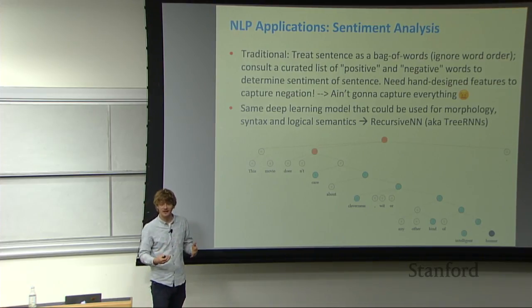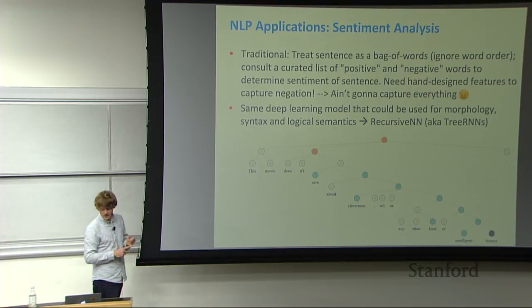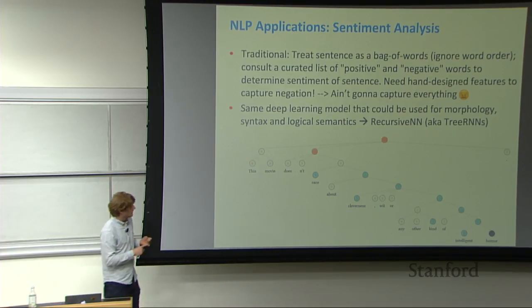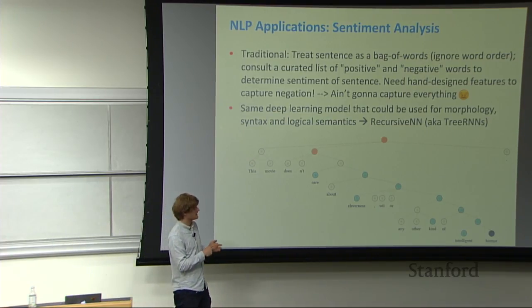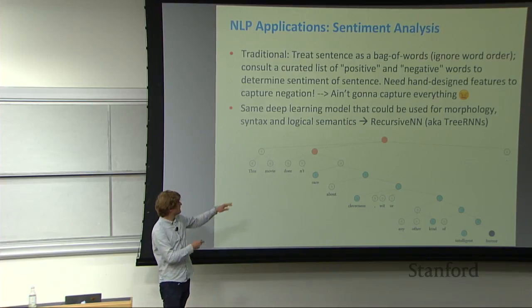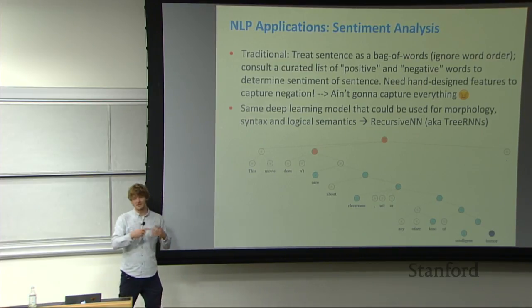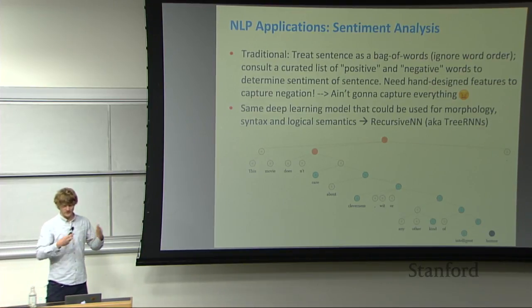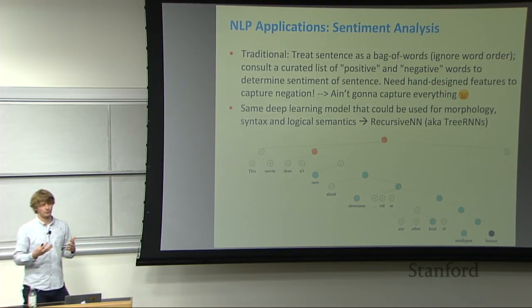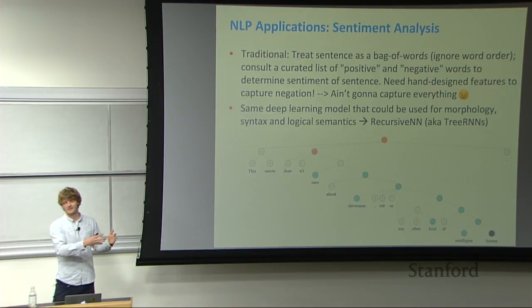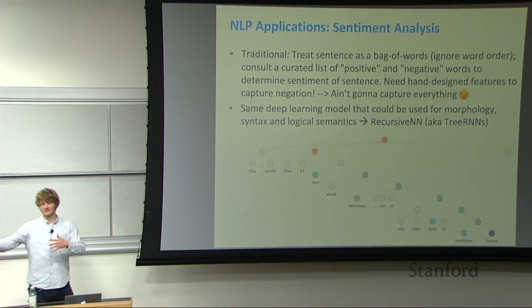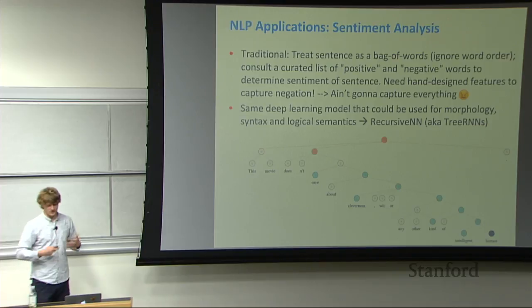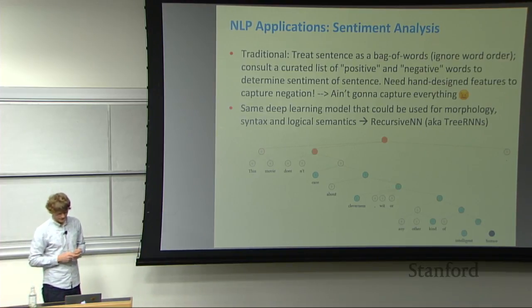And it realized that despite having a lot of positive words in here, like humor, intelligent, kind, cleverness, and care, and only one "doesn't" in the beginning, it still realized this was overall a negative sentence. And we didn't have to define any manual rules around not caring about something. A lot of different positive things will still make it overall negative. It just learned all of that from the data.